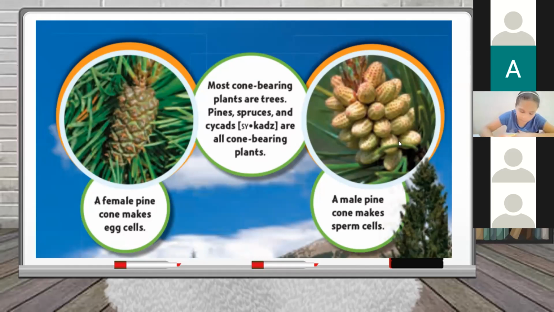Someone else needs to bring them together so they can give us a new seed or a new pine cone. Which part will give us a new seed? Is it the female or the male? Female. Excellent. Of course, the female. When the cells join together, the fertilization happens. The female will give us new pine cones.